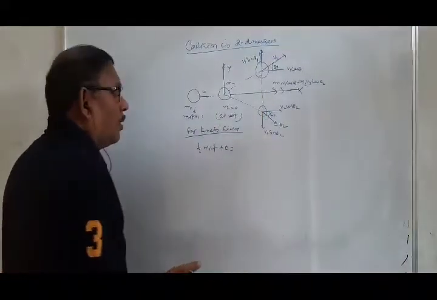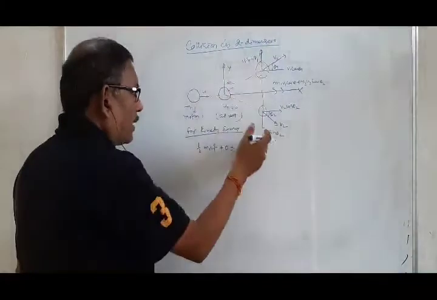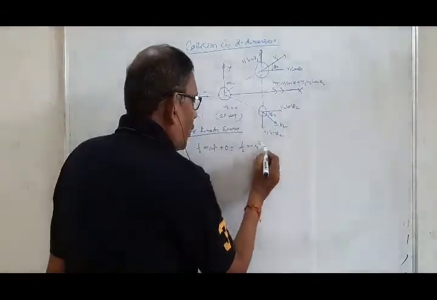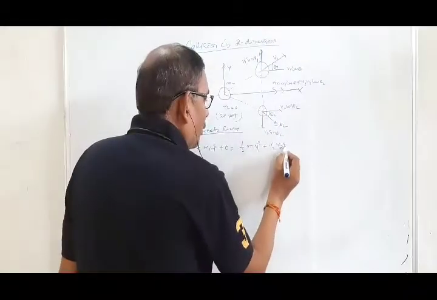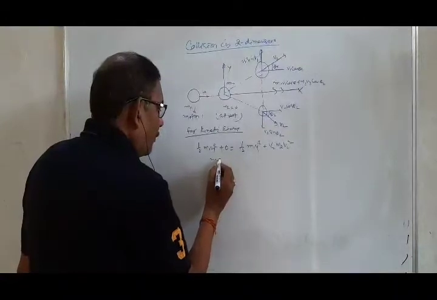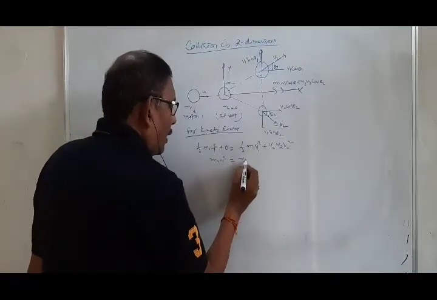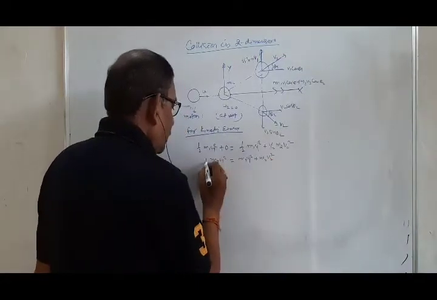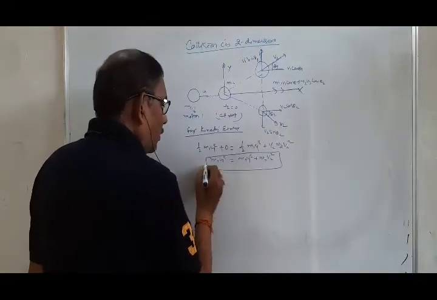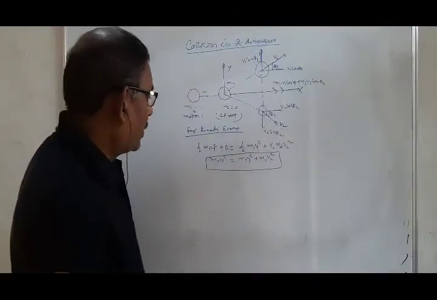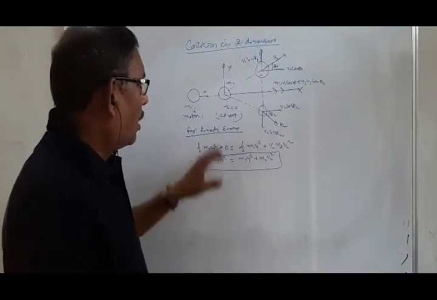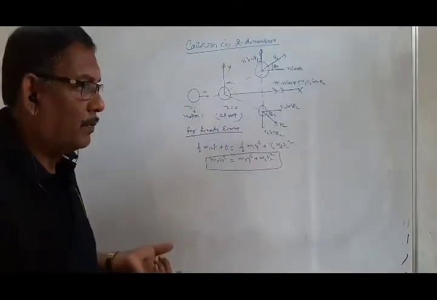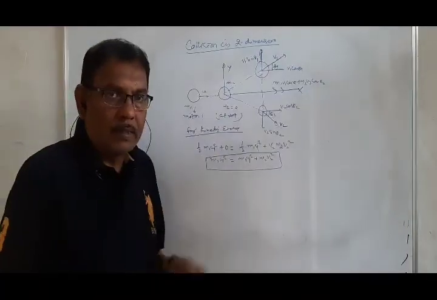Now after collision, for the first body and the second body, it is half m1 v1 square plus half m2 v2 square. So these are the energy equations of the two bodies when they collide in 2 dimensions.